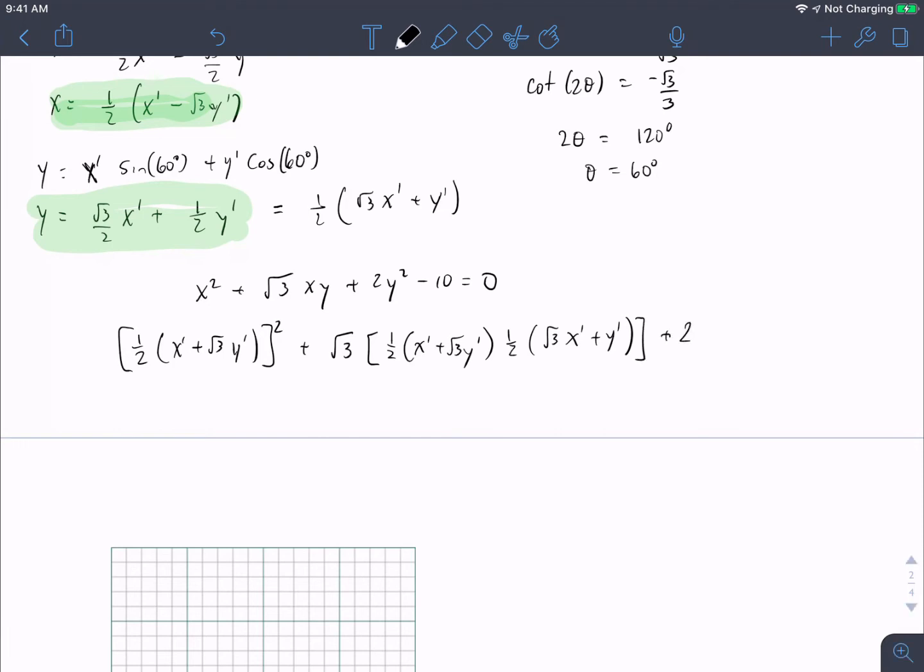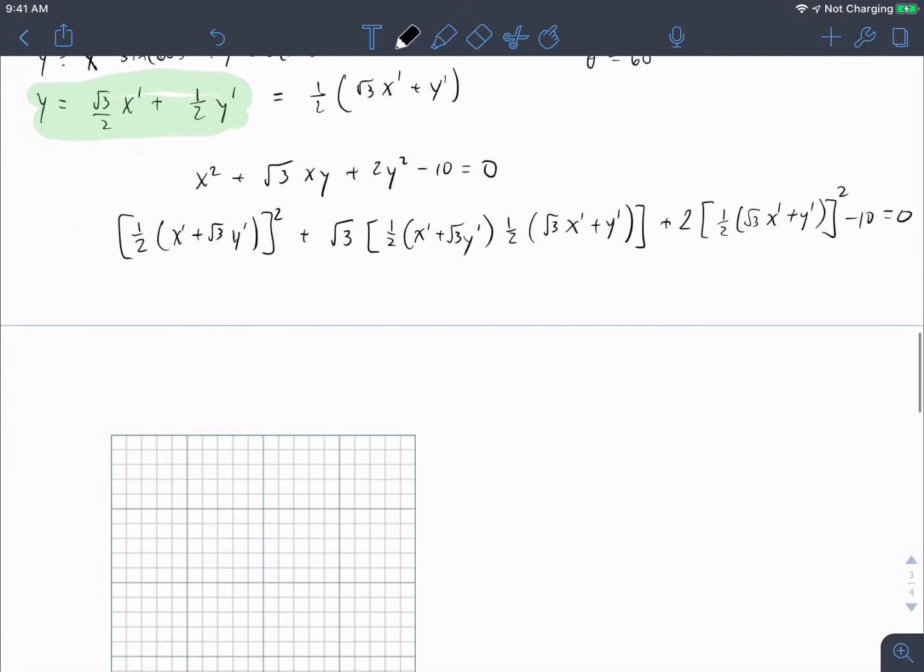And then plus 2 times 1/2 radical 3 x' plus y', that quantity squared, minus 10 is equal to 0. So you can see there's quite some work to this, and then expanding this is going to take some effort too. And so yeah, it's going to take a little bit, but we can do it.